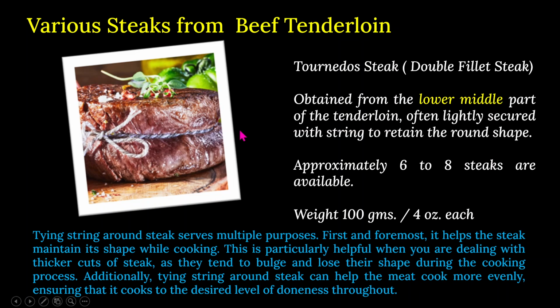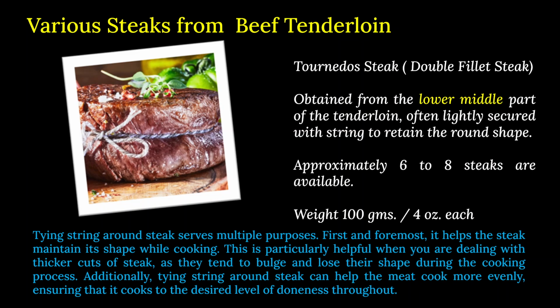So these are a few purposes why the steak is tied up with a string, especially for the tournedos steak, as its weight is approximately 100 grams, so it is a thick chunk of meat. Naturally you have to take care that it is cooked nicely to the desired level, because whenever a steak is ordered by the guest, they specify to what level their steak should be cooked, and this is known as the doneness of the steak.